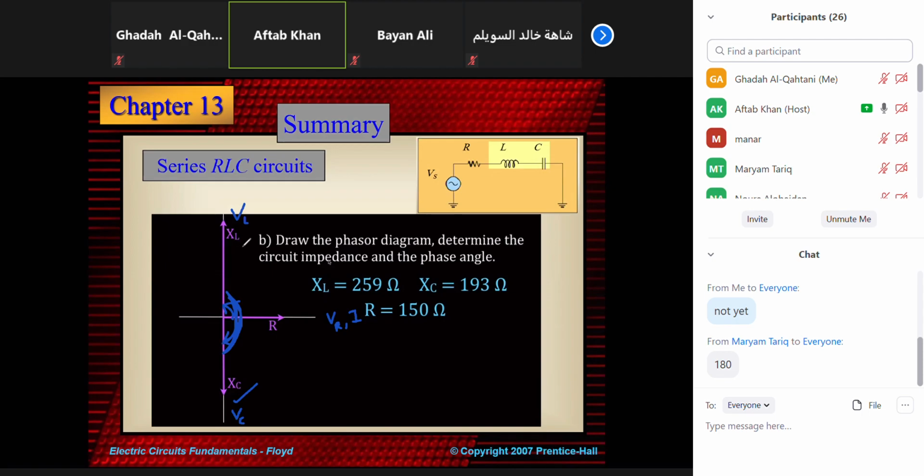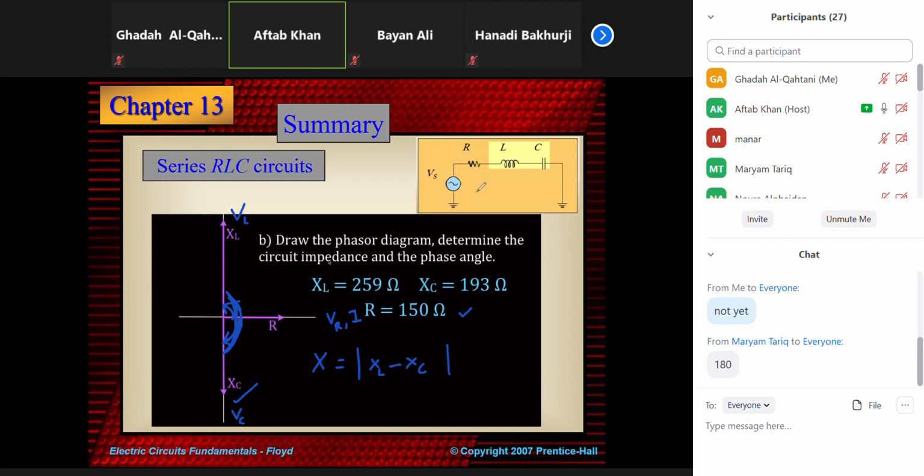So here we need to calculate the total reactance. The total reactance, we can say X for example, is basically the difference of XL and XC. We can say the absolute value of XL minus XC. Then we will get X here. Okay, and R is given to us here.